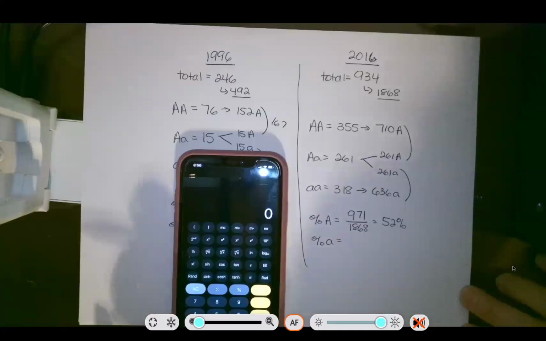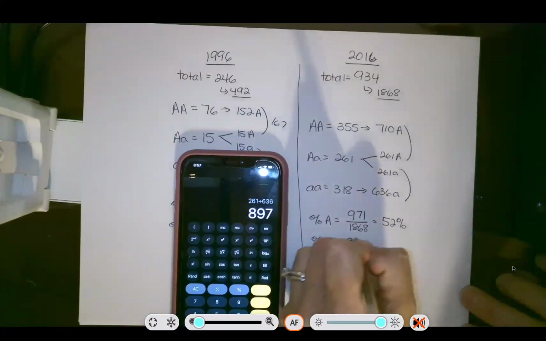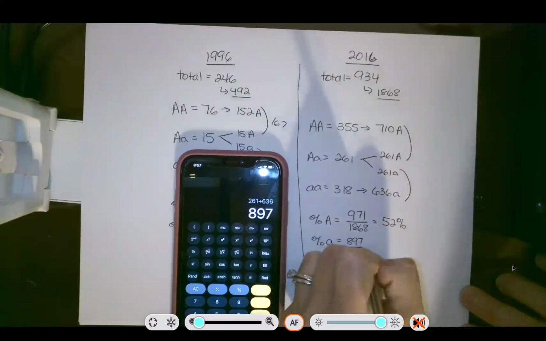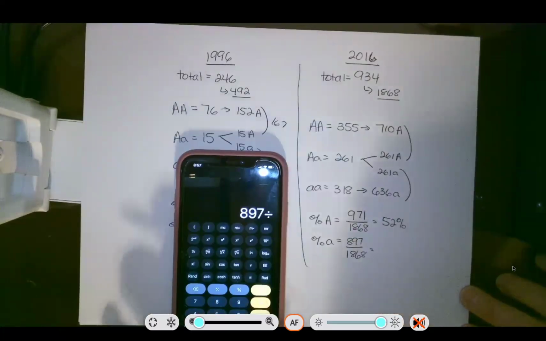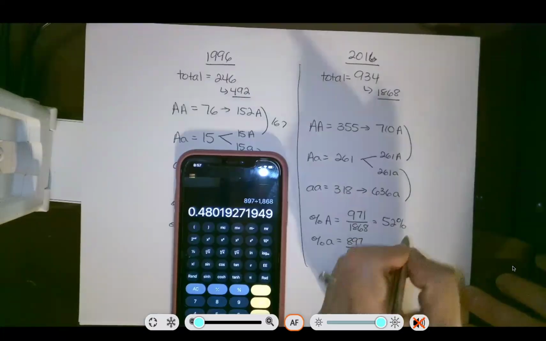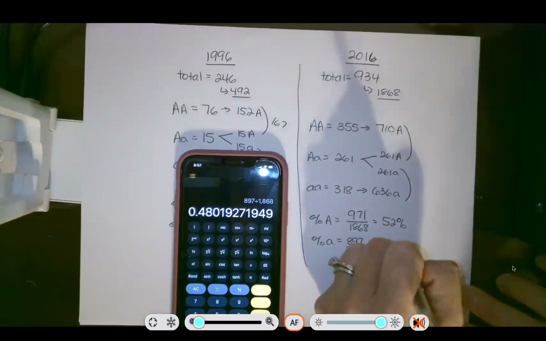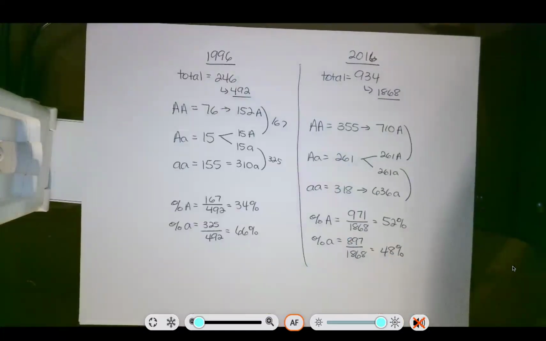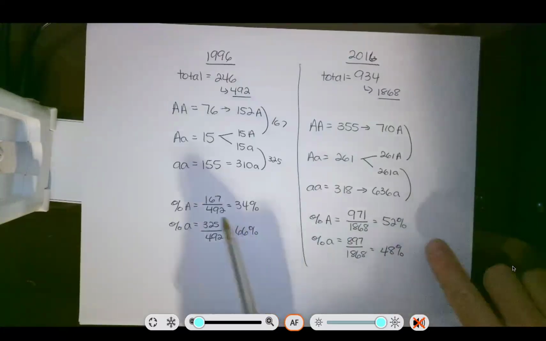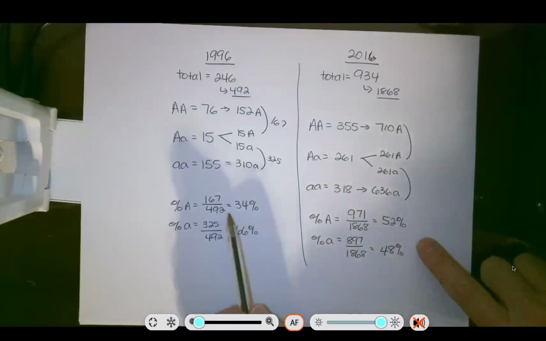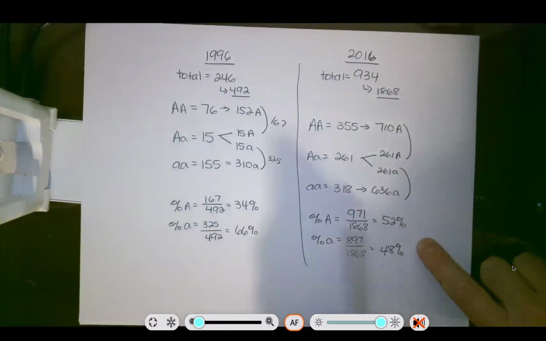All right, and then doing my little a's, 261 plus 636 is 897 over 1868, which is 48%. Okay, so these did change. The big A increased, sorry, from 34% to 52%. The little a, 66, dropped to 48.